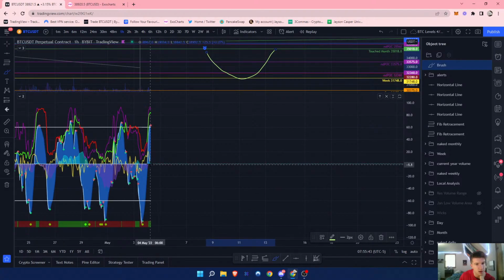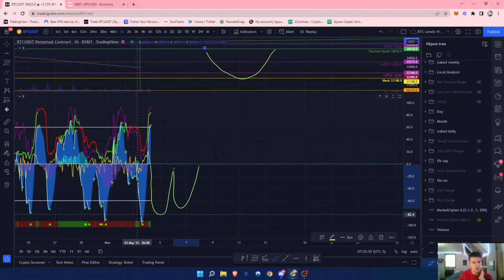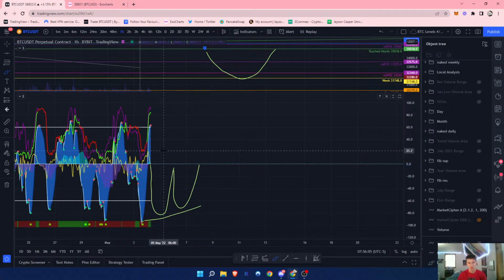and then on Market Cipher we might get an anchor wave that doesn't go below this, or we might get another trigger wave, and we'll have a nice divergence like that. Then of course you want to see money flow just kind of steadily decreasing, or increasing, I should say, my bad.